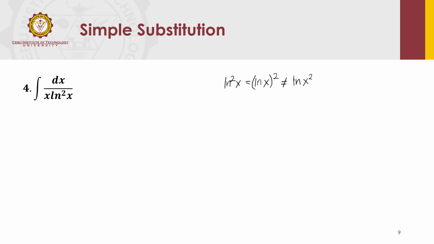Following PEMDAS, exponentiation comes before multiplication and other operations. Parentheses come before exponentiation, so it is not equal to this, because this one means you get the square of x first before you get its natural log value. Okay, so these are not the same.